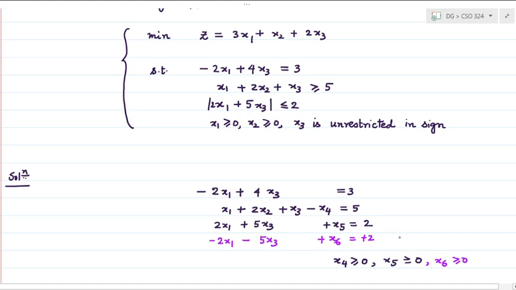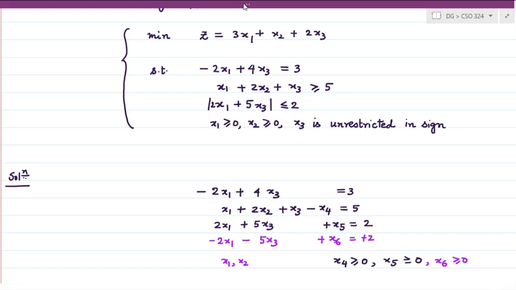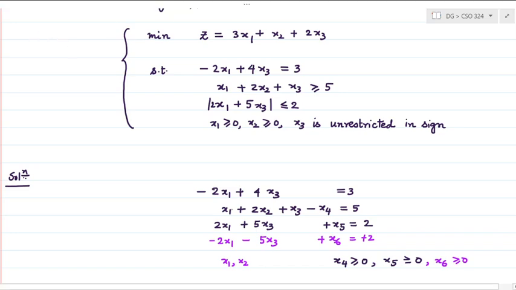And what else is there? You know that here the variables x1, x2 are all non-negative in sign. x1 is greater than or equal to 0, x2 is greater than or equal to 0, x4, x5, x6 are all greater than or equal to 0, but x3 is unrestricted in sign. So for x3 we need to introduce two variables, x3 dash and x3 double dash.